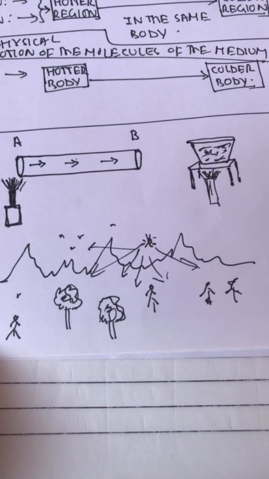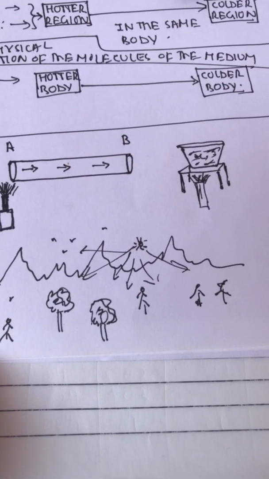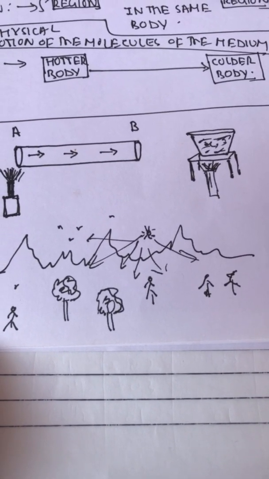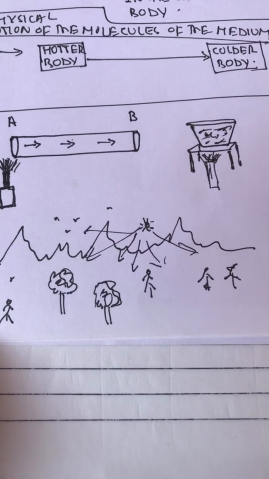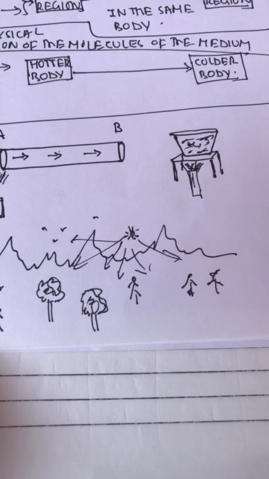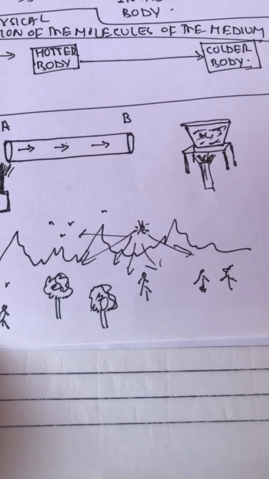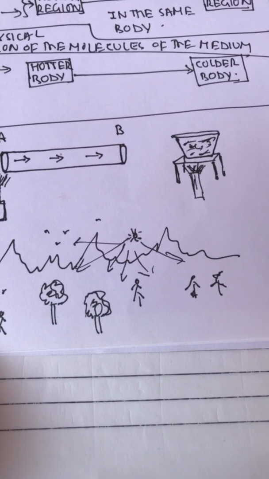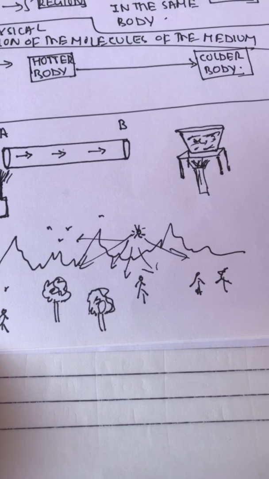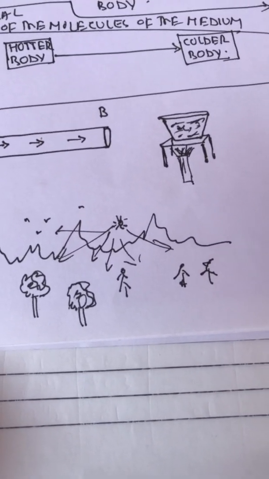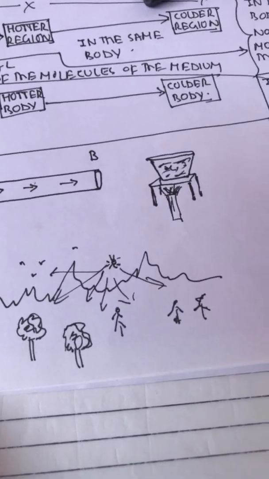However hot the sun may be, or the temperature on that particular day, you can still see that the air blowing past you is always cold. That means the air is not getting heated up at all. So the intervening medium is not getting affected, whereas in conduction and convection, the intervening medium is also getting affected. So you got conduction, convection and radiation.